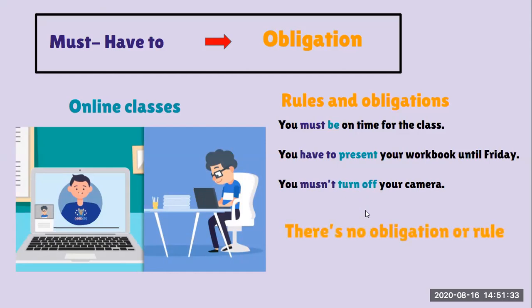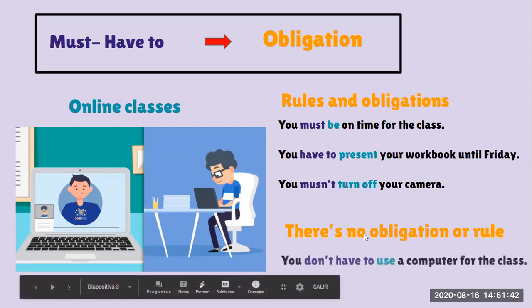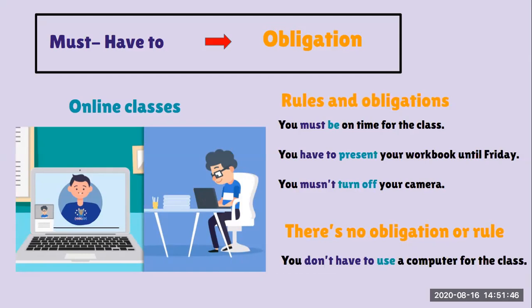When we are saying something that is not an obligation or is not a rule, we can say, you don't have to use a computer for the class. Okay? As you can see, this is not a rule. This is not an obligation. So it's not necessary.